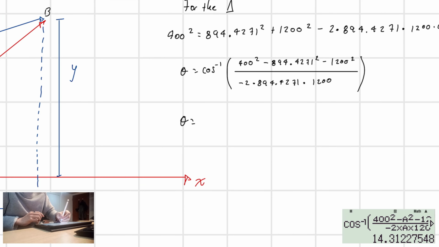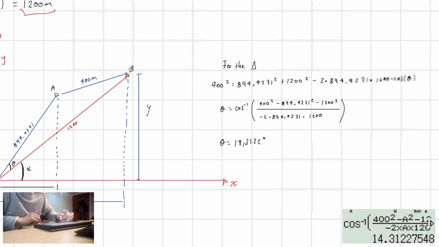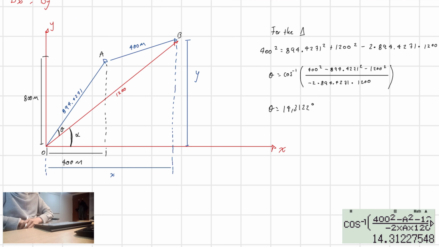And I can see right here that theta is equal to 14.3122 degrees. Alright, right there we have it.